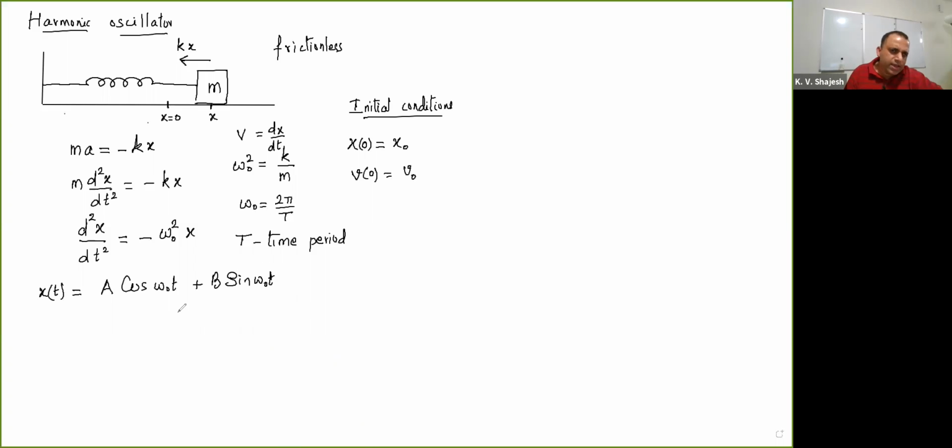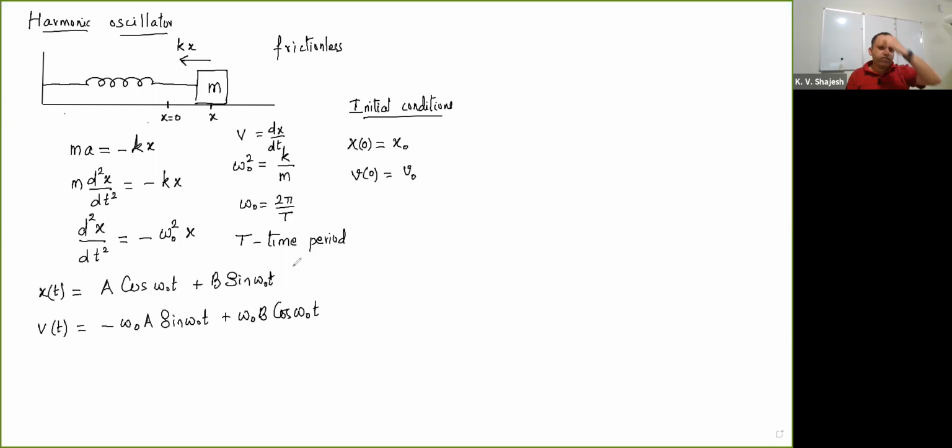How do I find my A and B in terms of x naught and v naught? So I go back and calculate velocity as a function of time, first of all. So I just take the derivative for that. And I notice this is omega naught A times sine omega naught t plus omega naught B times cosine omega naught t.